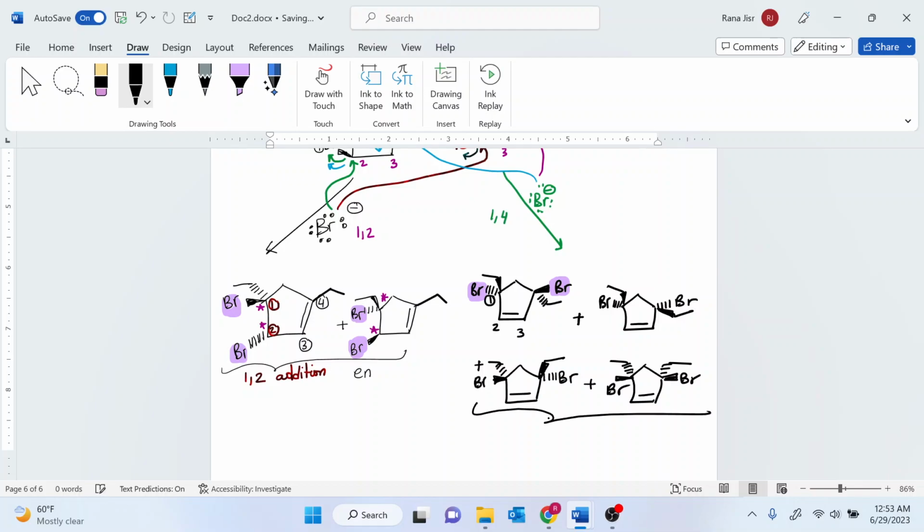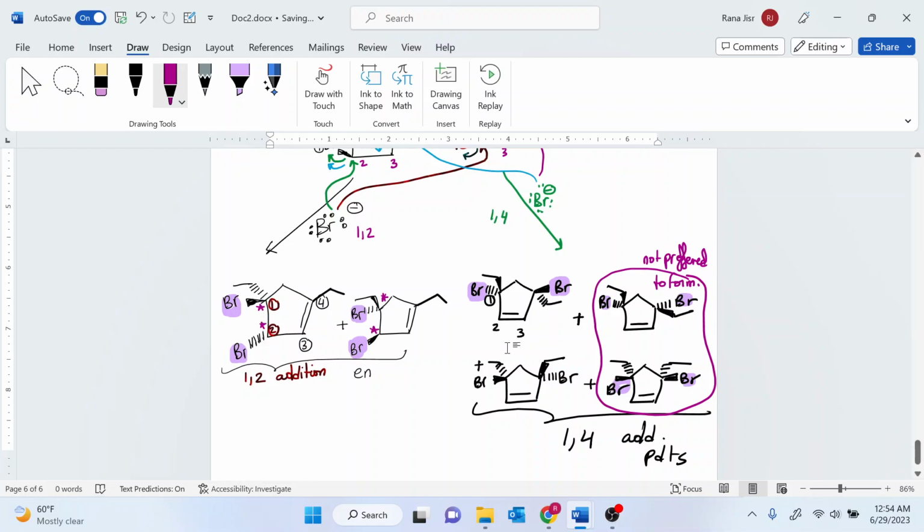And you get all of those to be the 1,4 addition products. As I said, these two have bromines that are cis with respect to each other. So let me circle those over here. These are not preferred to form. You can either write them down or you can go ahead and neglect them.